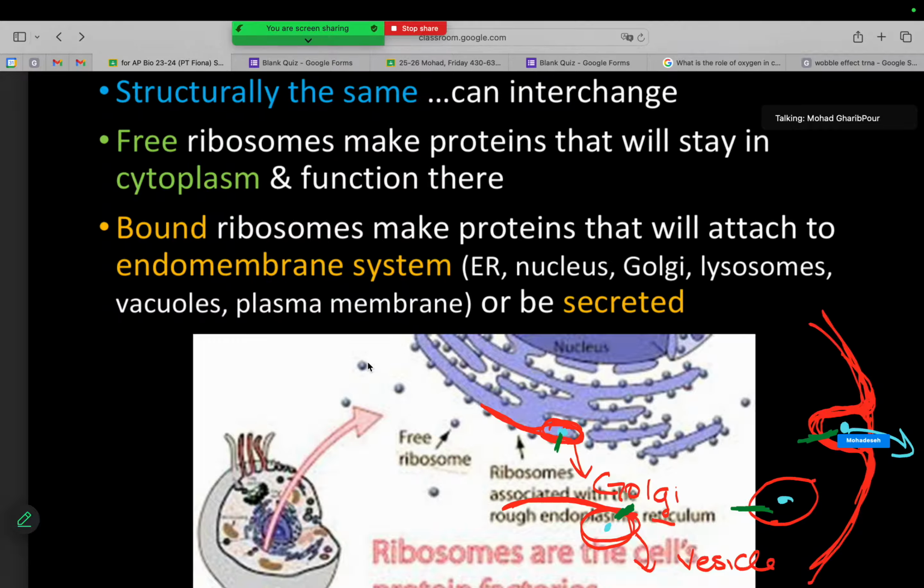So once it reaches the membrane here and integrates, it stays on the membrane just like that. So these are my possible options, right? The endomembrane system is the membrane of the ER, nucleus, Golgi, lysosomes, vacuoles, and plasma membrane. Or it'll be secreted.